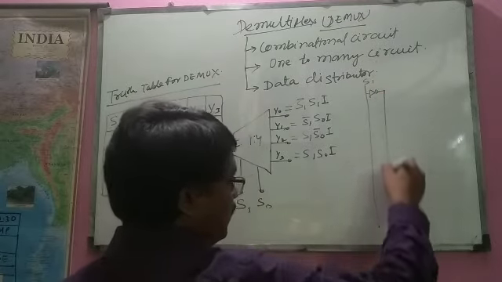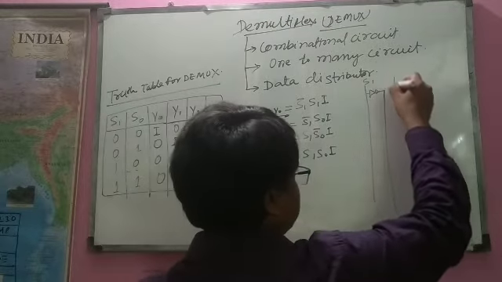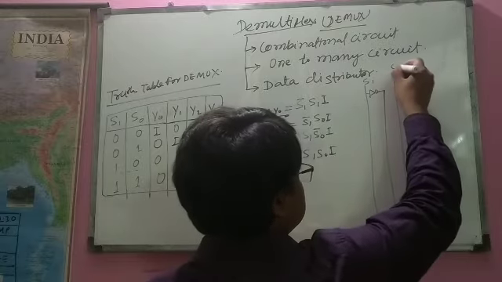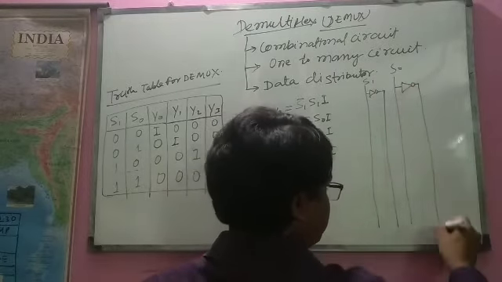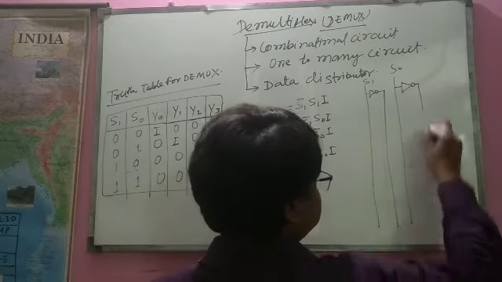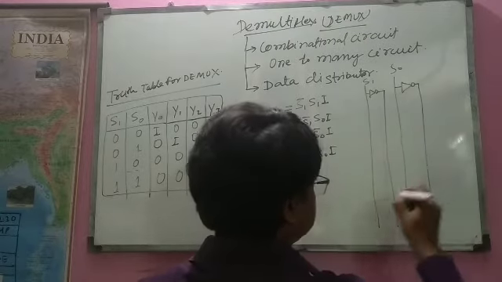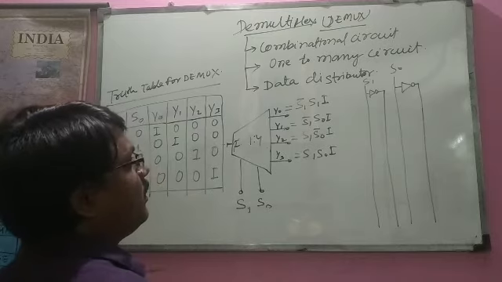So this is S1 bar, and this is S0 and this is S0 bar.